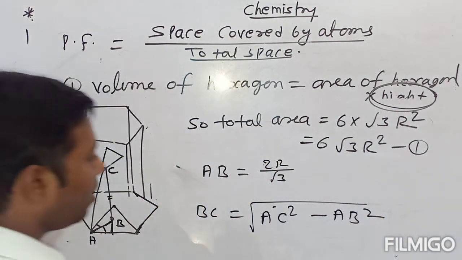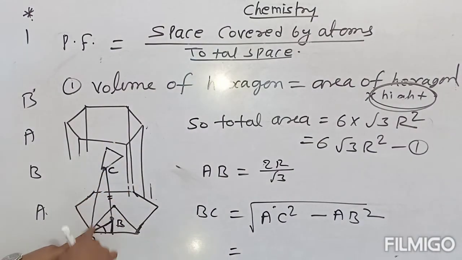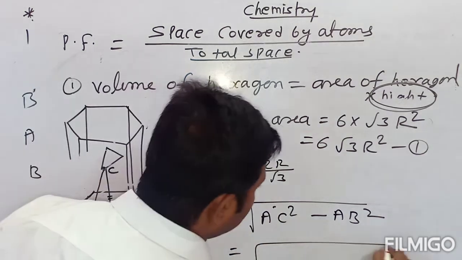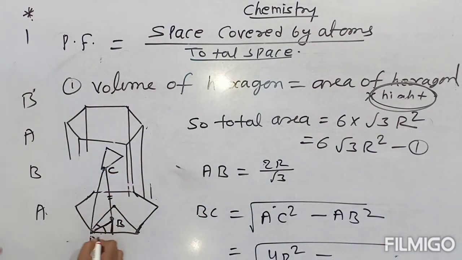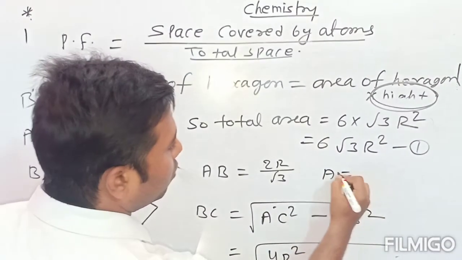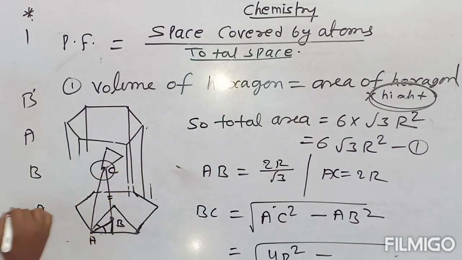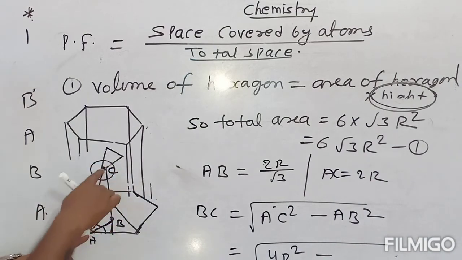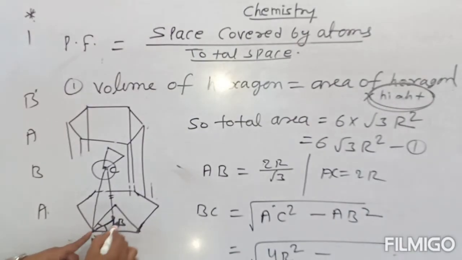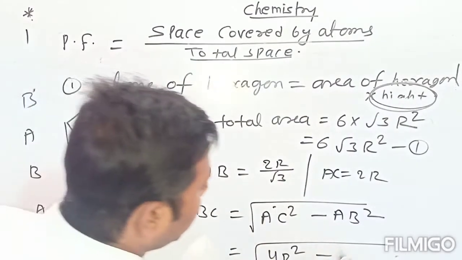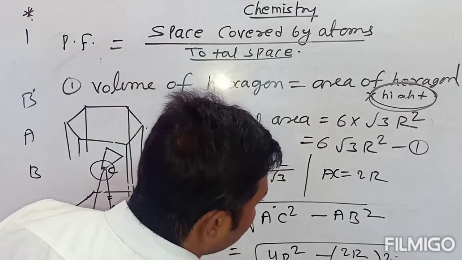Clear? So AC square is 4R square, because AC is equal to 2R. So 4R square minus AB square, and AB is equal to 2R by root 3, whole square.